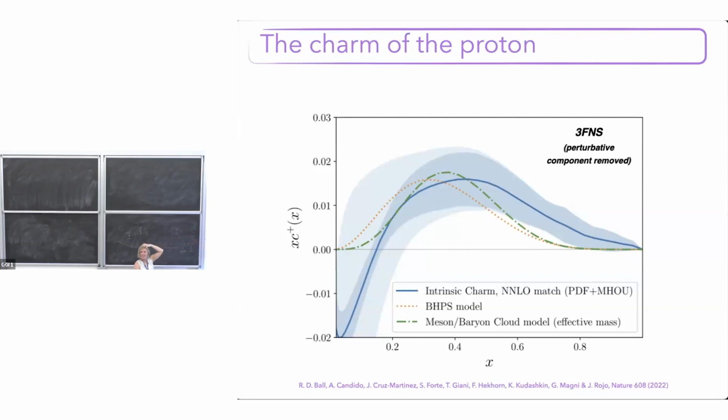It created some controversy. I can't say more because I didn't work on it, but different methodologies can give you different results, also about fundamental questions about the structure of the proton in terms of an intrinsic charm component.